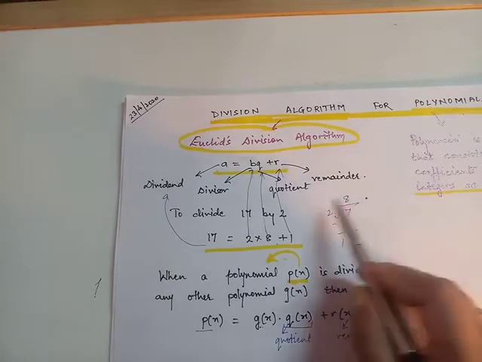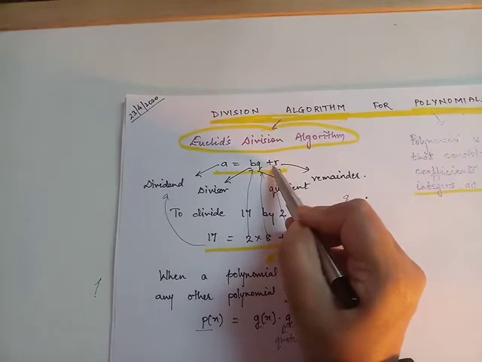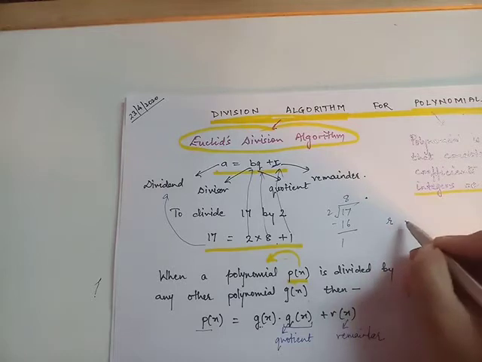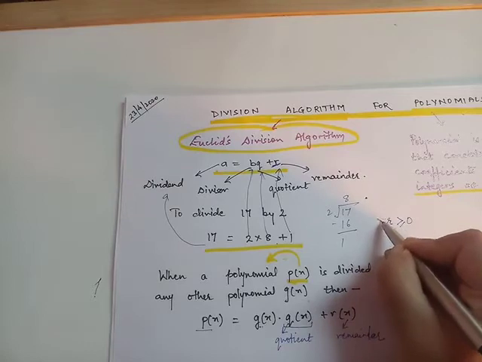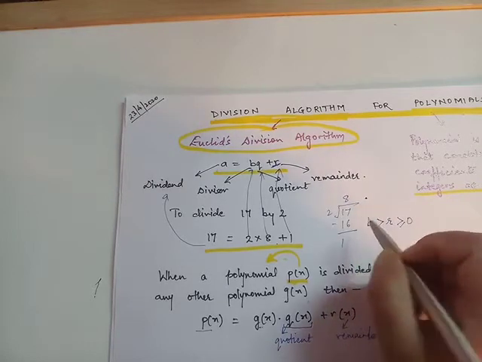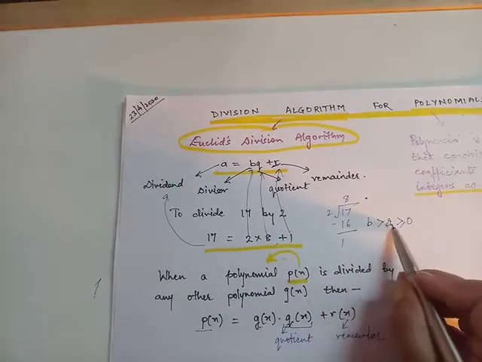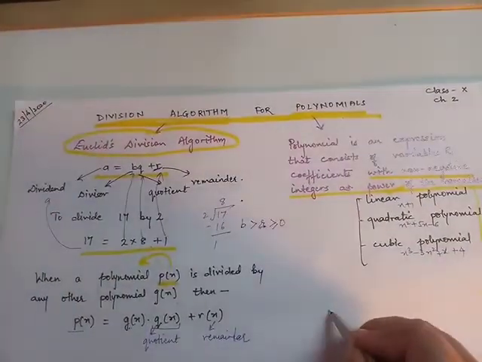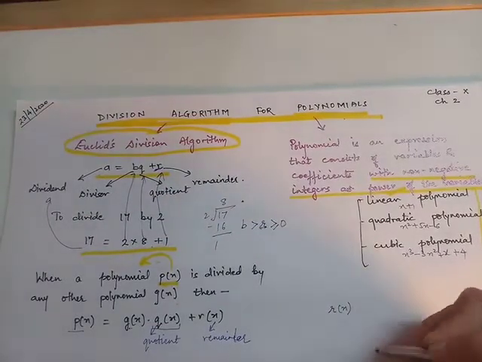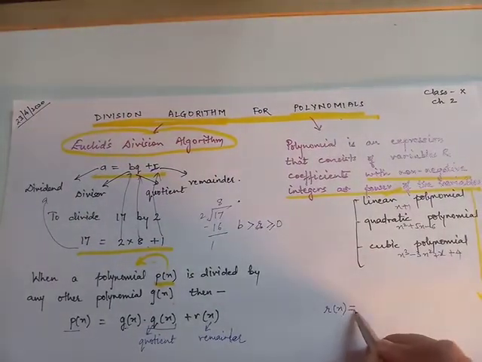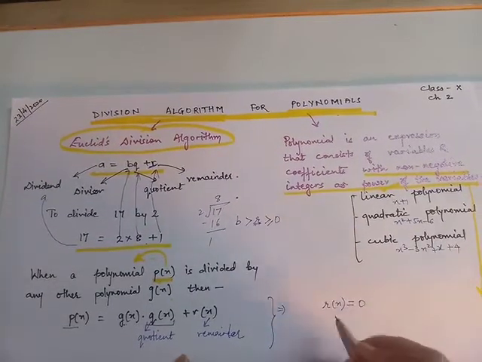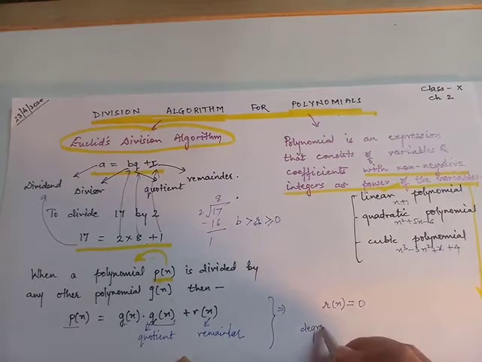Now, as we used to state the restricted values of r, we used to say that this r is either equal to 0 or it should be less than b. Here we used to talk about the remainder. What is the remainder with us over here? The remainder is r(x). So, here we say either r(x) is equal to 0, or the degree of r(x) is less than the degree of g(x).